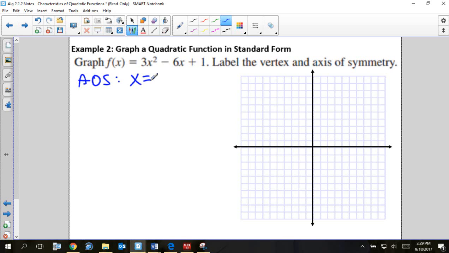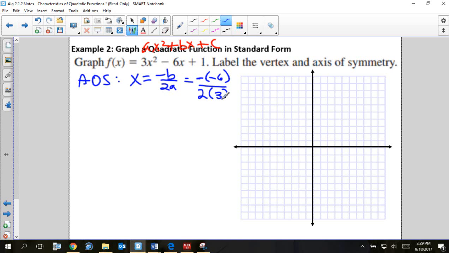X is negative b over 2a. We'll practice. So in the equation, that is ax squared plus bx plus c, we have to do negative b over 2a. We have to do negative, what is b? It is with the sign negative 6. So we're doing negative negative 6 over 2 times, what is a? 3.